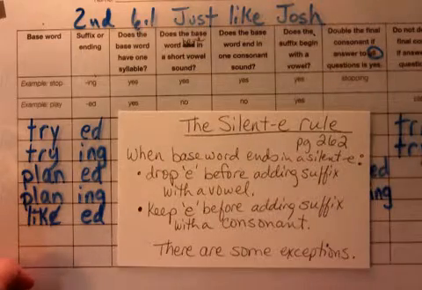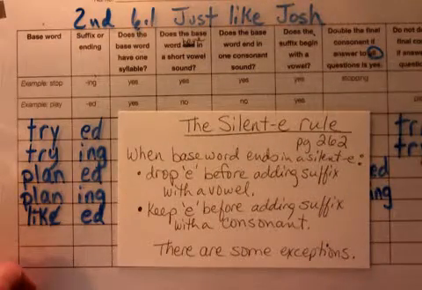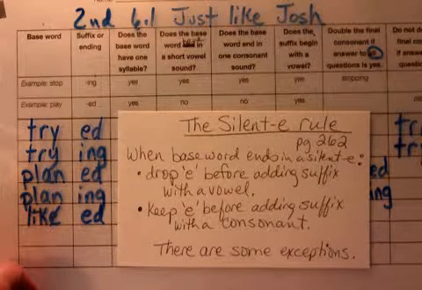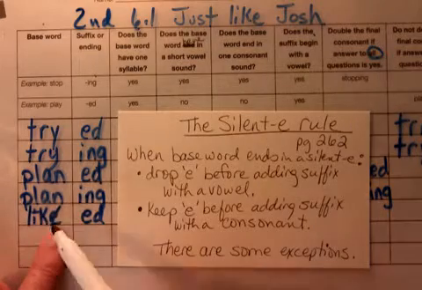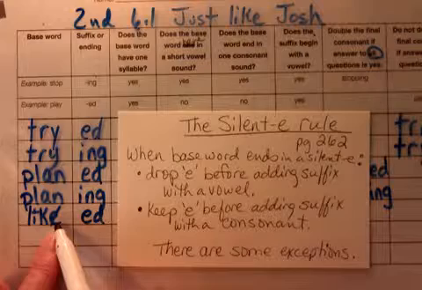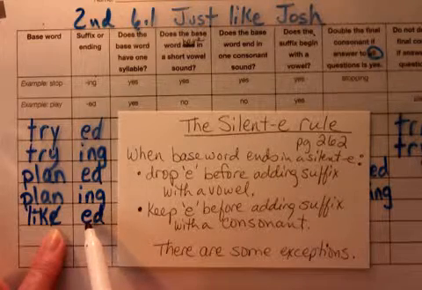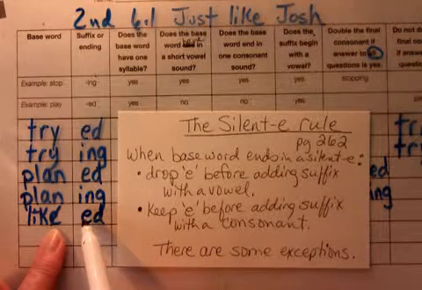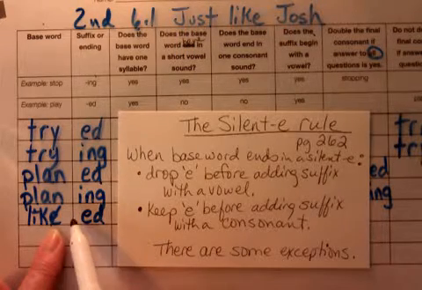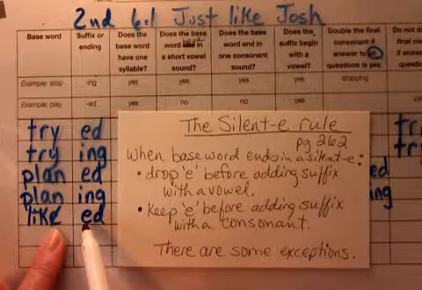So here's the silent E rule, found on page 262 of the Catherine Grace book. When a base word ends in a silent E, we will drop the E before adding a suffix that starts with a vowel. We will keep the E, silent E, before adding a suffix that begins with a consonant.